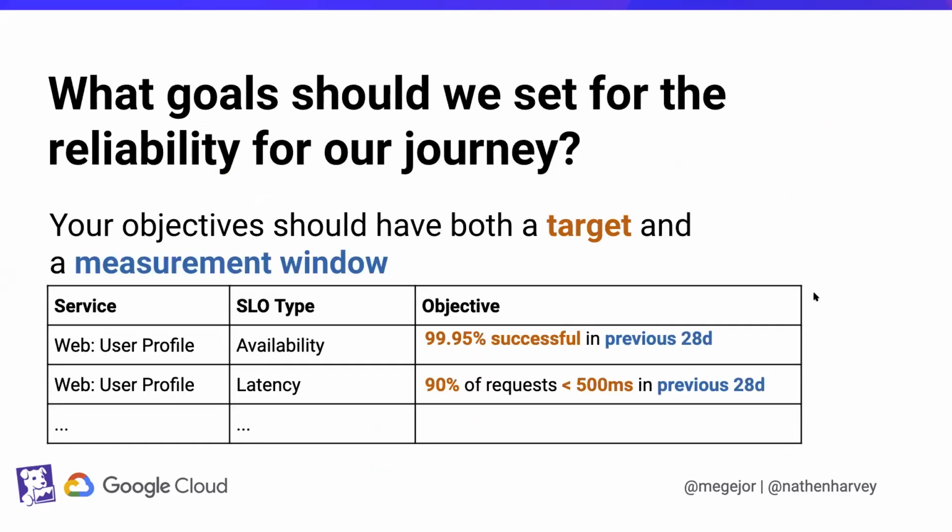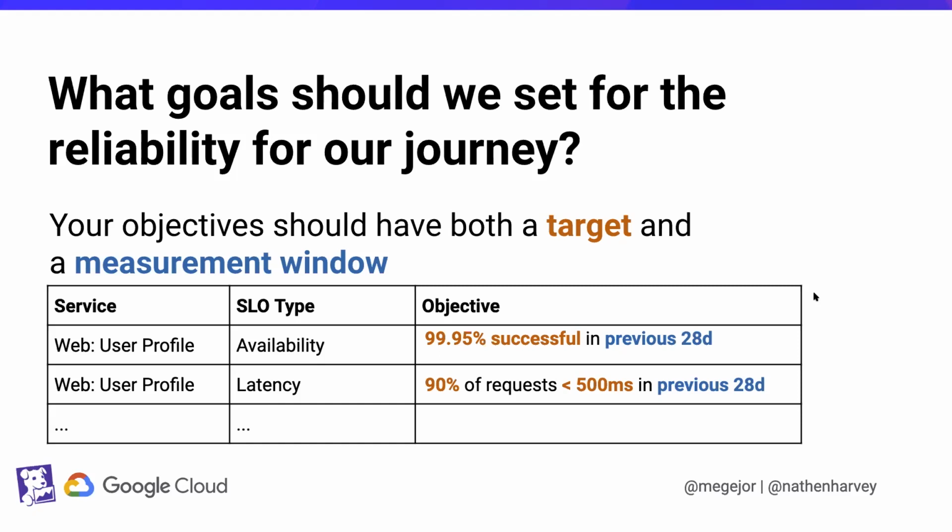So what goals should we set for the reliability of this particular customer journey, loading up the profile page? You can see here that our objectives have a target. For availability, we say 99.95, or sometimes 3.5 nines of availability, or 99.95% of those requests should be successful.